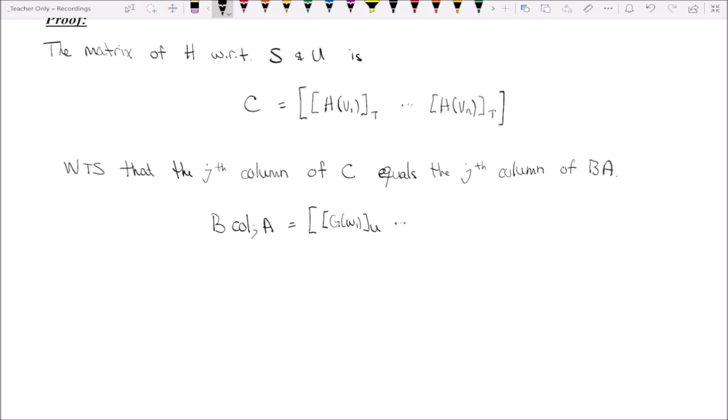Now remember, B is going to be the matrix whose columns are the coordinate vectors with respect to U of the transformation under g of each vector in T. Right, so that's this matrix.